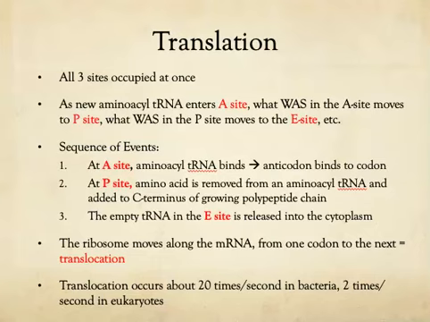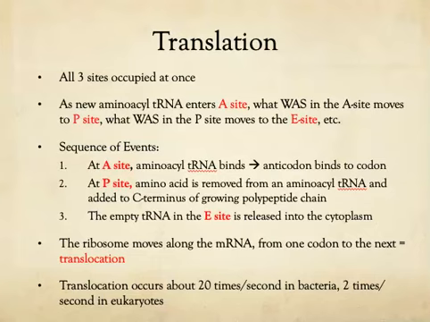Every time the ribosome translocates, whatever is located in the three sites shifts one position. So the sequence of events involves a tRNA coming in and binding anticodon to codon at the A site.